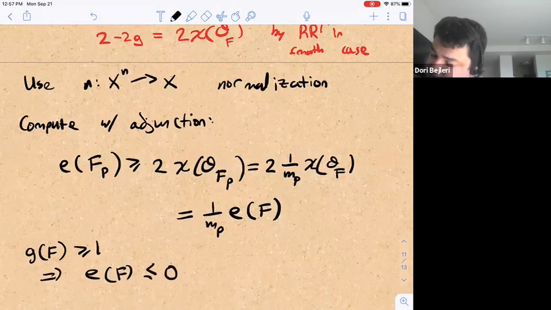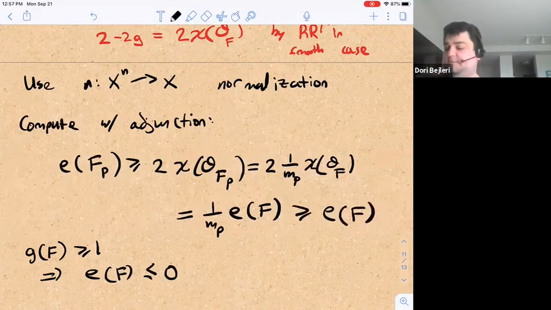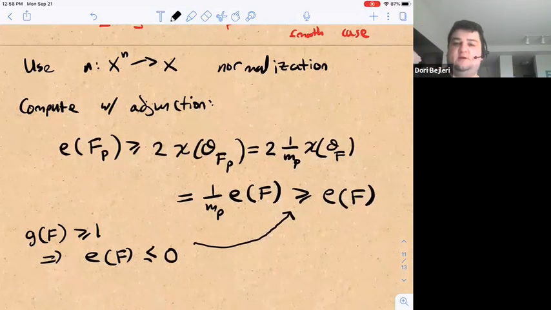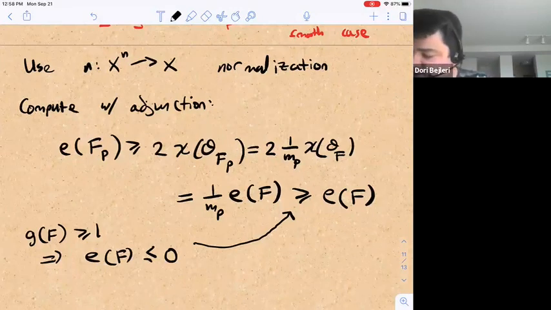So 1 over m times that is greater than or equal to the topological Euler characteristic. Okay, so the upshot is that when we get to these fibers that are non-reduced, the Euler characteristic can only get bigger. That's the important point.